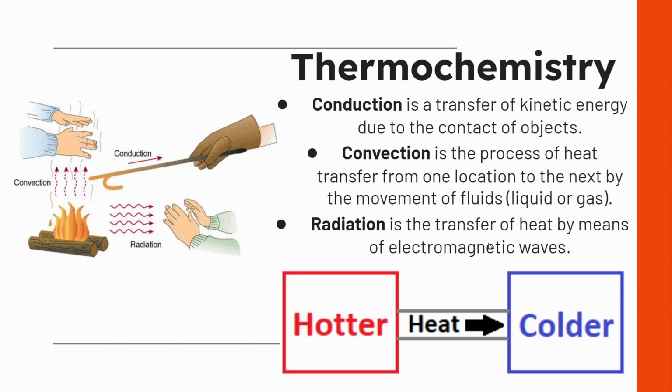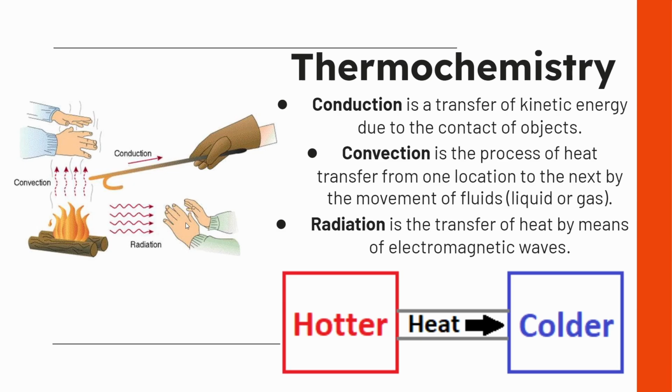And then radiation is the transfer of heat by electromagnetic waves. We haven't talked about electromagnetic waves here, but think of it this way. If there is nothing needed to be between the heat source and the thing that's getting hot, like you don't even need air. You could just think about the sun and the earth. There's literally empty space between the sun and the earth, but the sun is heating the earth.